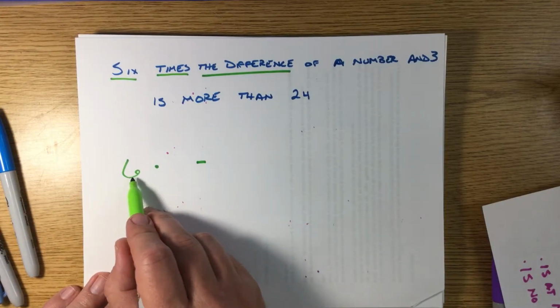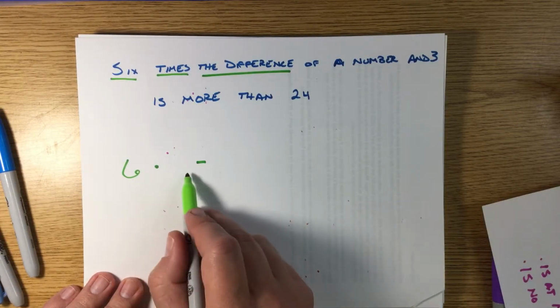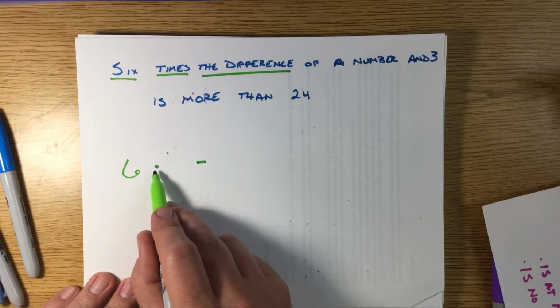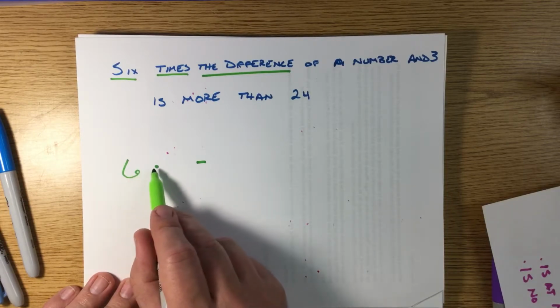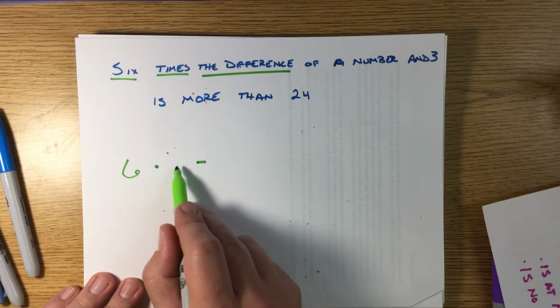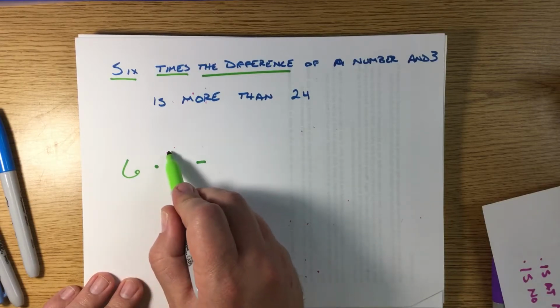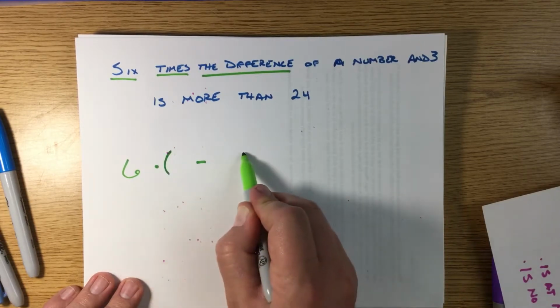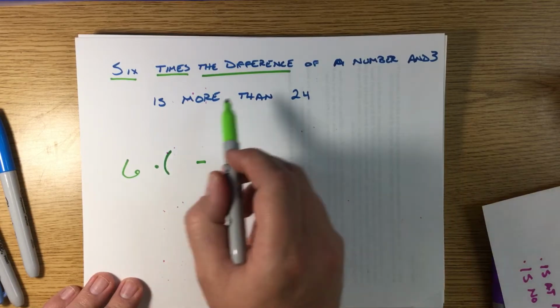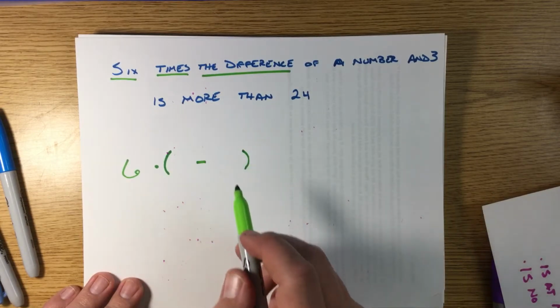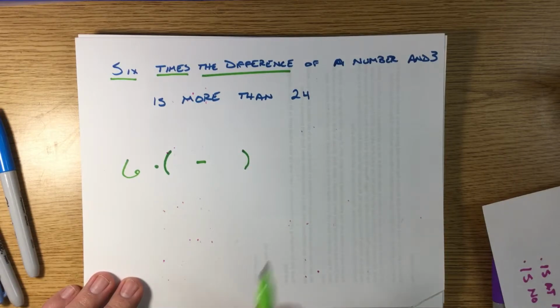So I'm going to multiply 6 times the difference. Now, in order to multiply 6 times the difference, order of operations would tell me I'd have to multiply this times whatever comes here before I do the subtraction. So in order to get that difference subtracted first, because I've got to multiply 6 times the difference, I need to put it in parentheses.